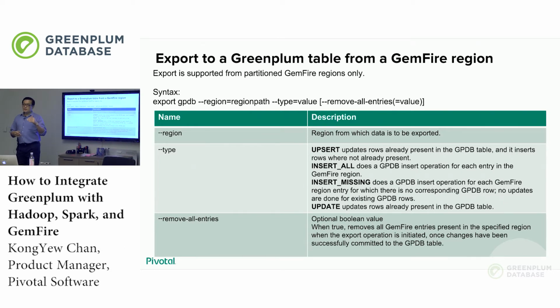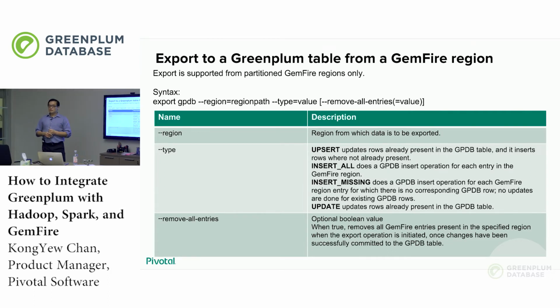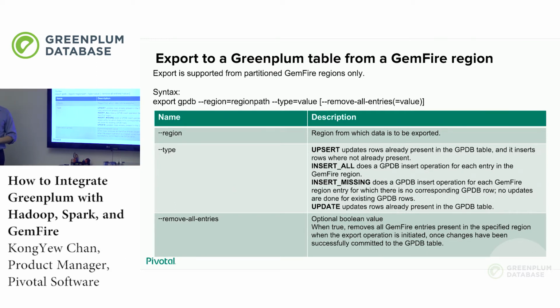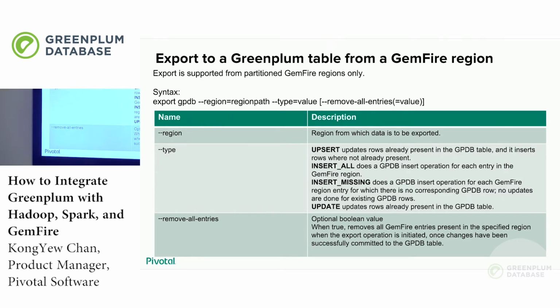The options allow you to customize for whatever use case you have, depending on the set of data on GemFire and how your tables are created within Greenplum. Last but not least, once you export the data from GemFire, you might want to remove it from GemFire. That's why we added a feature called remove all entries after you run the export operation.